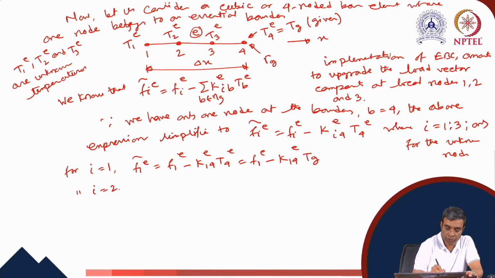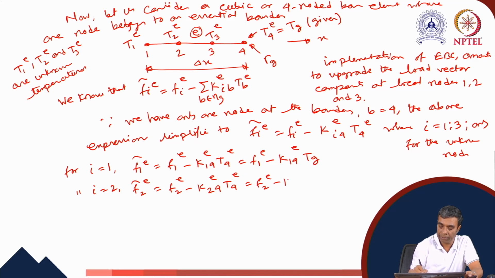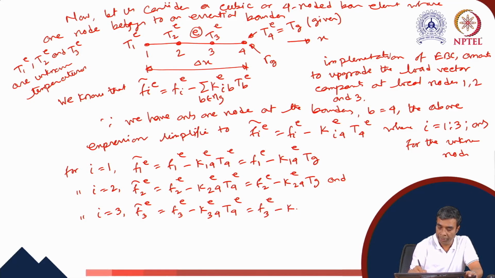For I equals to 2, F2E tilde equals to F2E minus K24E T4E equals to F2E minus K24E into Tg. And finally, for I equals to 3, F3 tilde E equals to F3E minus K34E T4E equals to F3E minus K34E Tg.